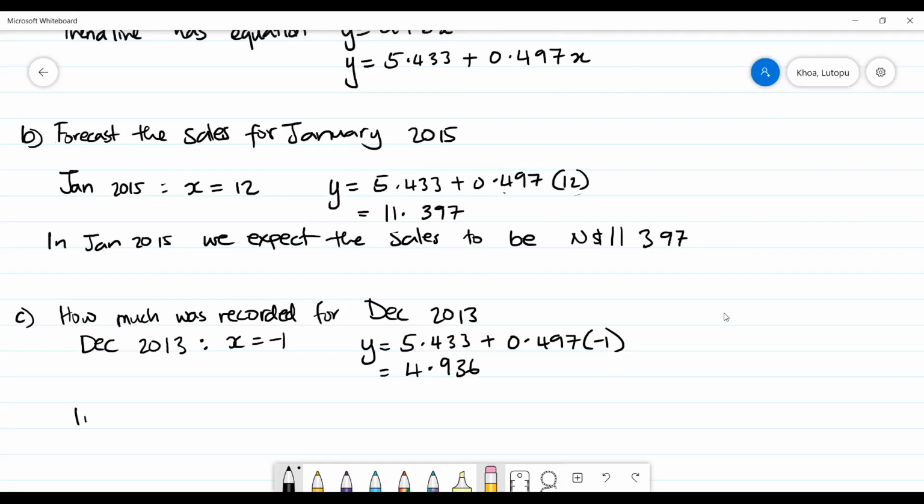So in December 2013, we had 4,000 in sales.